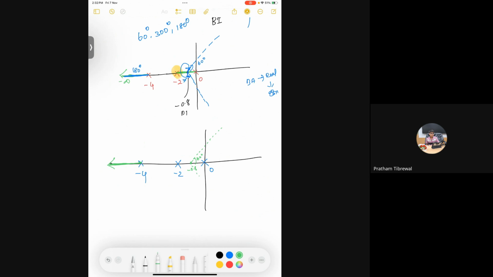Another goes to infinity the same way. Around the real axis it is symmetric, right? So this will go to infinity at 300 degrees. These are the two asymptotes I found at the breaking point 0.8. So my root locus will do something like this. It goes to infinity since there are no zeros to track it down.